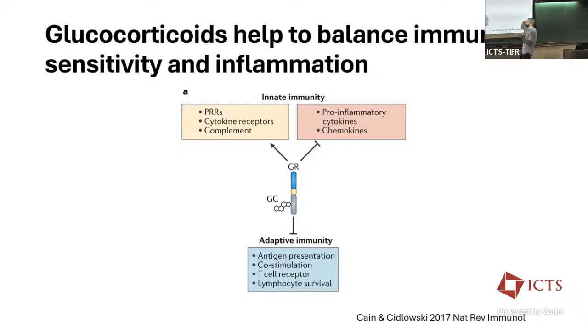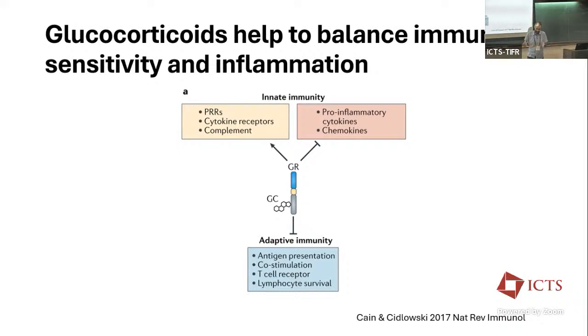But they're important later on for turning off these pro-inflammatory cytokines and chemokines, and also changing antigen presentation, T cell receptors and lymphocytes. So they upregulate the expression of genes that are involved in the detection of pathogens and tissue trauma, including pattern recognition receptors, these PRRs, cytokine receptors and complement factors, while inhibiting expression of these pro-inflammatory cytokines.